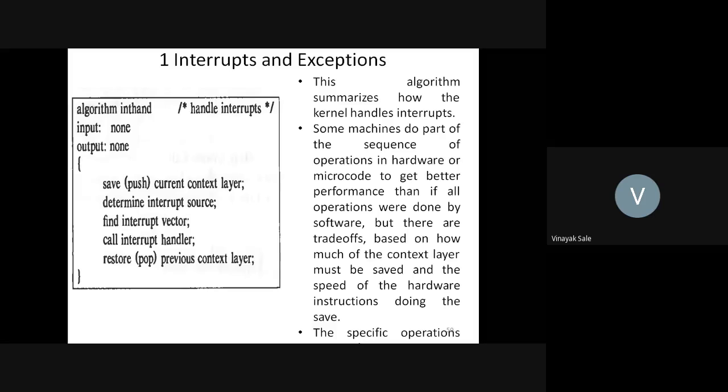Some machines do part of the sequence of operations in hardware or microcode to get better performance than if all operations were done by software. But there are trade-offs based on how much context must be saved and the speed of the hardware instructions doing the save.